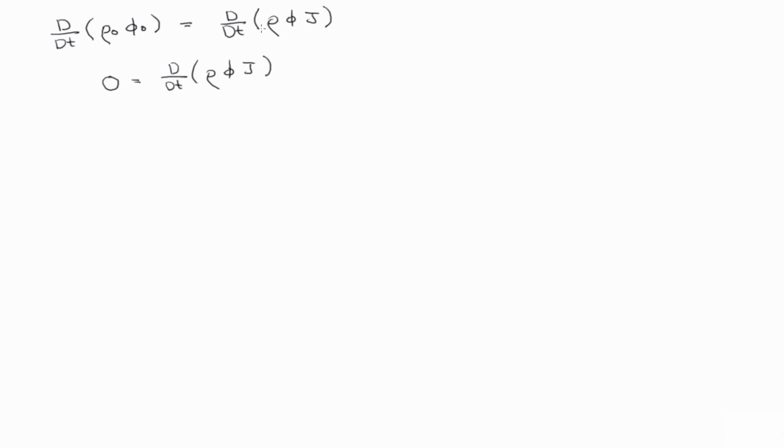And so we'll just use the chain rule, and I'm going to keep the rho and phi together, so we'll have d/dt of rho phi times J plus rho phi d/dt J. And then I'll use my definition of the material time derivative on this first term. I'll pull the J out here and leave it alone.